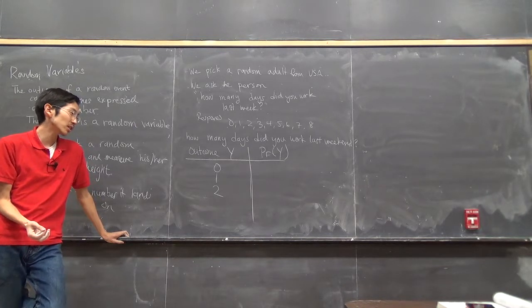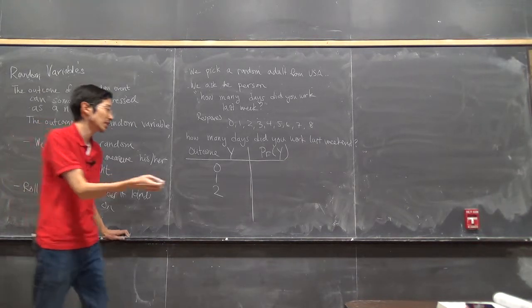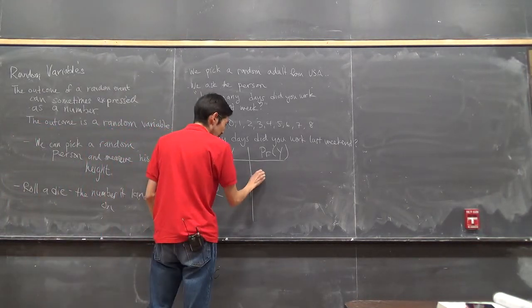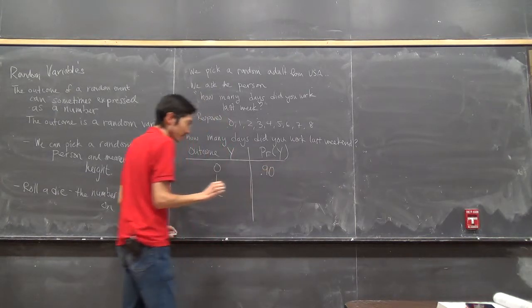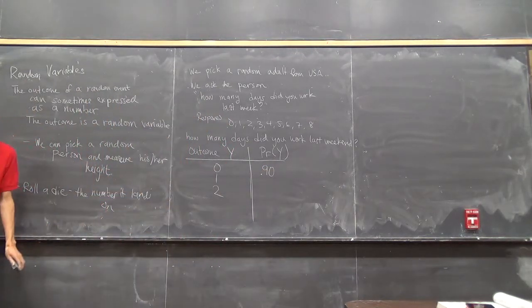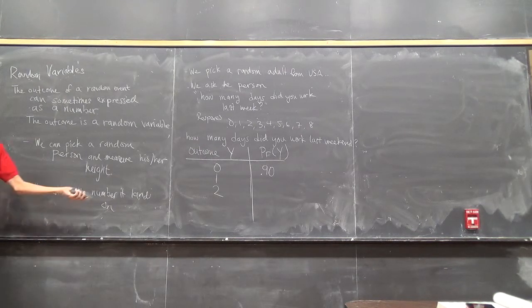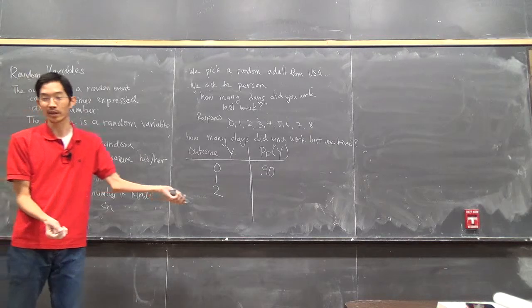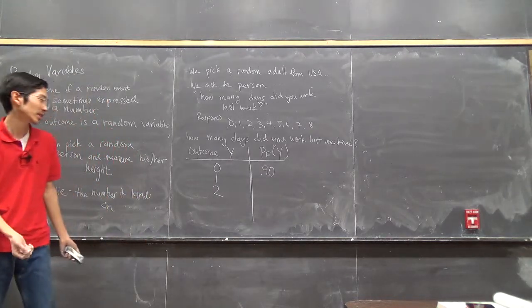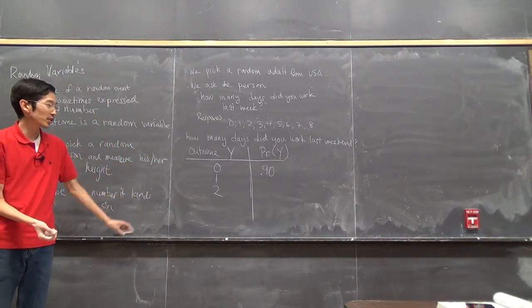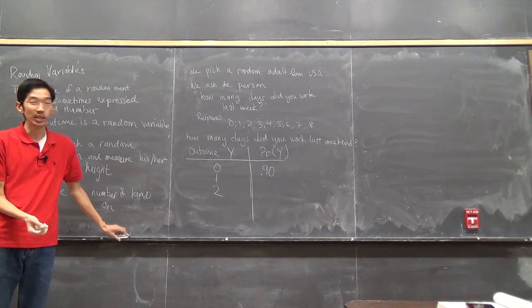Yeah, okay, so maybe 90% of people worked 0 days last weekend. I don't know if that's reasonable. We're just making up numbers for this example. So maybe 90% of the people we ask say, I worked 0 days last weekend. What percentage of people do you think say, I worked 1 day last weekend?